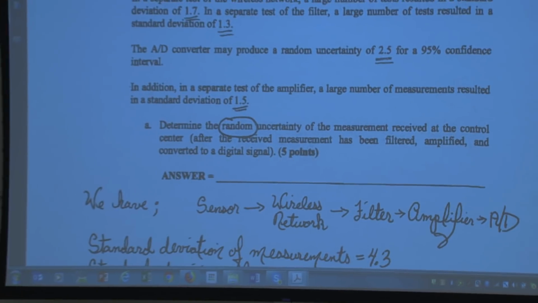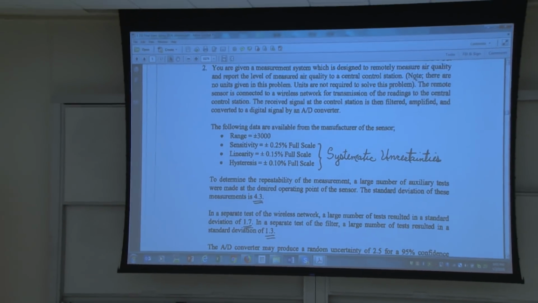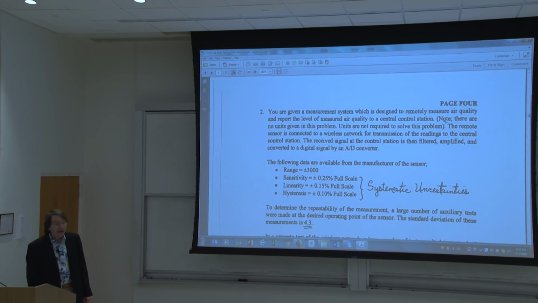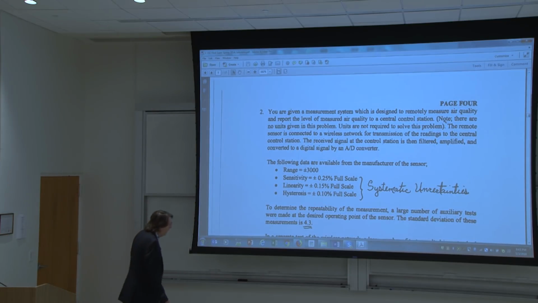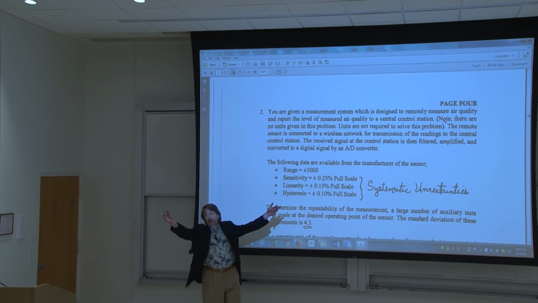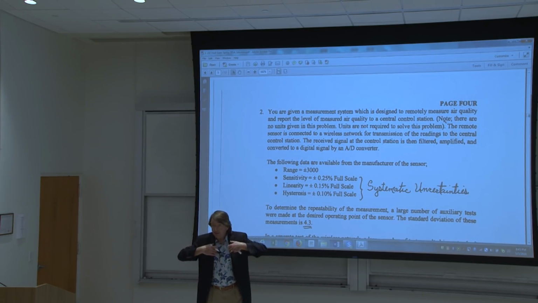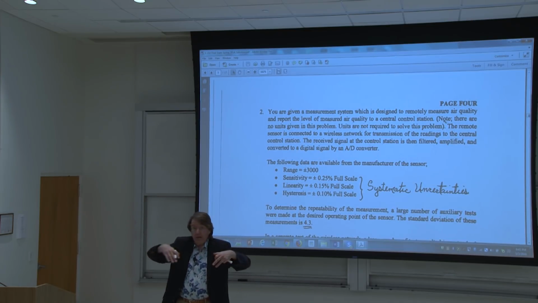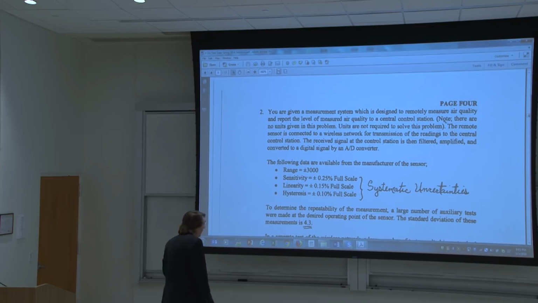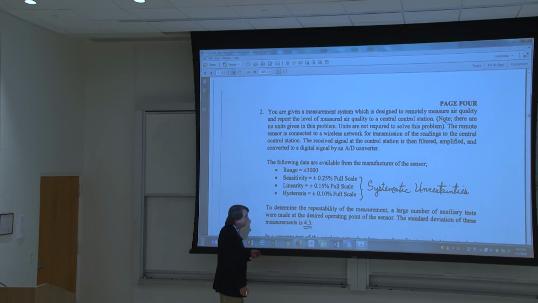Now, I think I got everything out of the first 2 paragraphs that I can. I'm now down to the 3rd paragraph. It says here, a large number of auxiliary tests. What that means is I didn't do these tests. The manufacturer did, probably hundreds if not thousands of them.